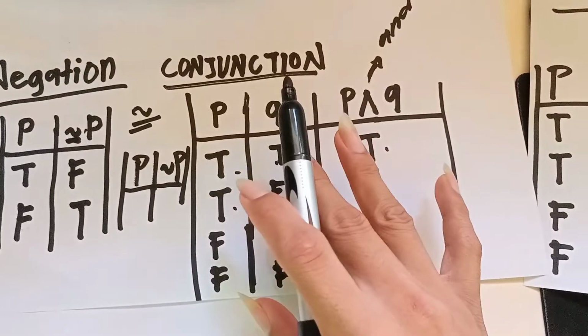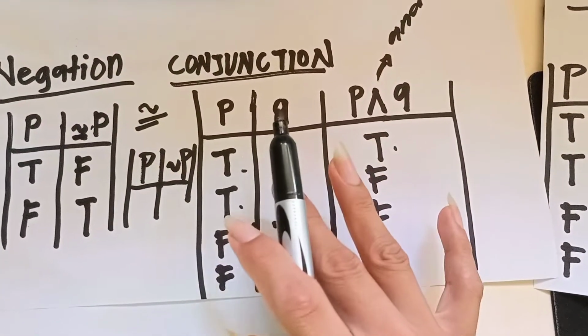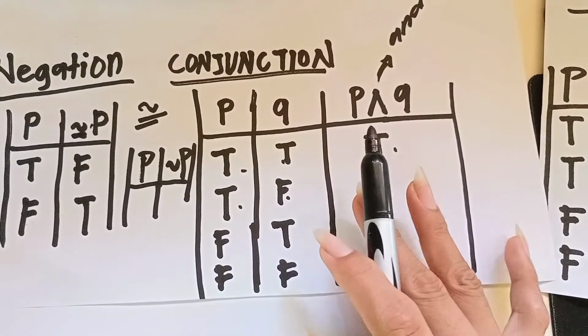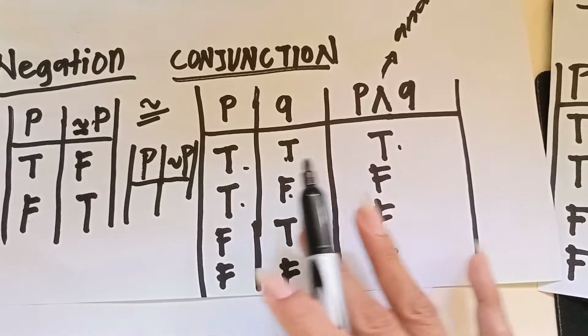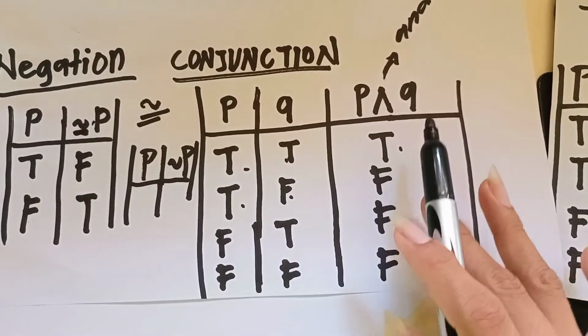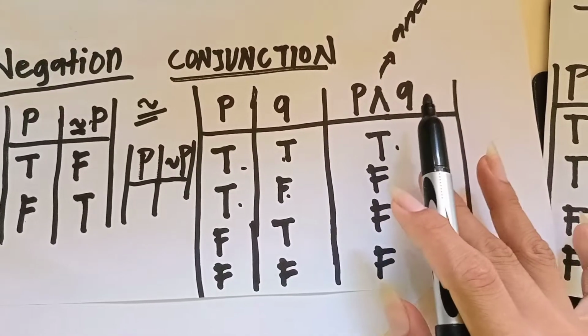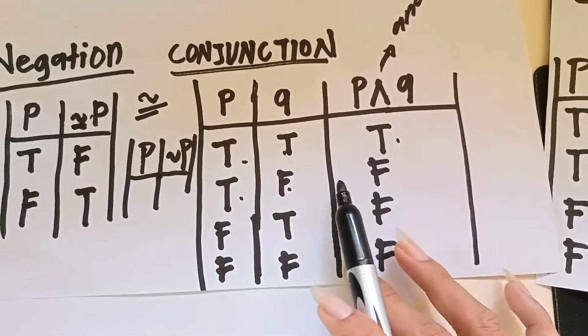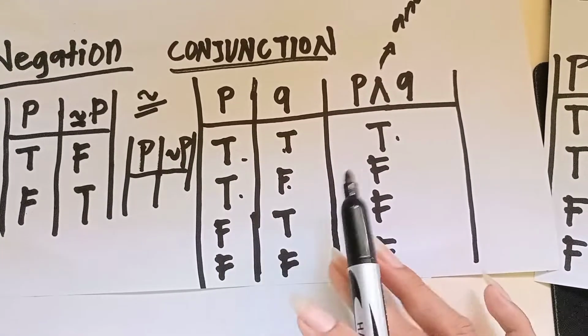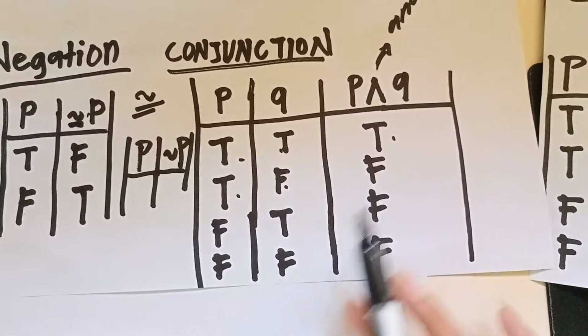So the rule of conjunction is if the statement has a true vote, then the statement is true. Then if the statement has a false, like this, the whole statement is false.